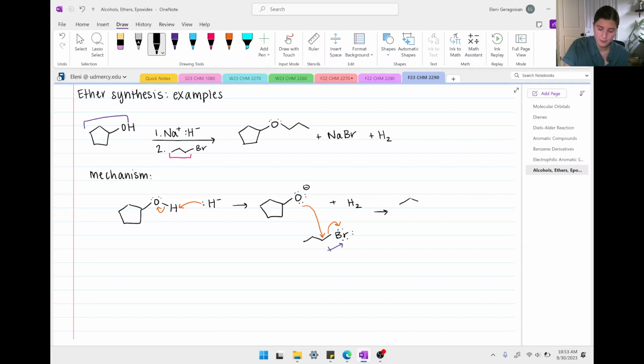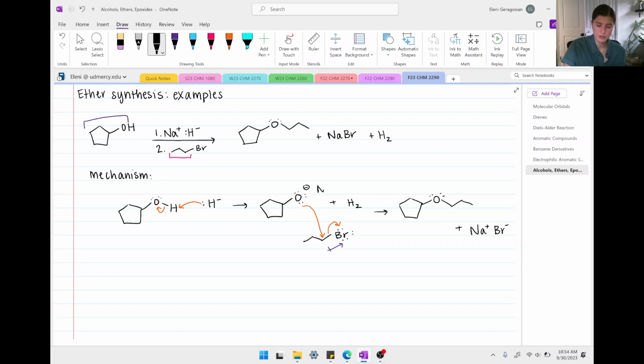And then we get our final product, where this oxygen, one of the lone pairs, is now bonded to that carbon. There were 3 carbons there, so we have 2 more to draw, 3 total. We now have neutral oxygen, 2 lone pairs and 2 bonds. And we have our sodium cation and bromine anion.